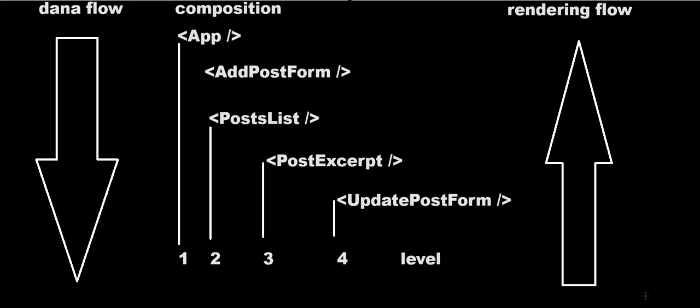And useSelector has a connection with reconciliation, a connection with the virtual document object model, and the virtual document object model compares the new state with the previous state, and if there is a difference, that difference goes to post list through useSelector, and immediately that difference means re-rendering of post list.